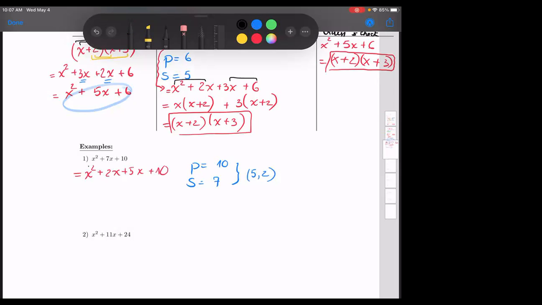Now we group. I can factor out x from the first two, and I have x plus 2. Factor out the 5, I have x plus 2. Now you factor again: x plus 2, x plus 2, and then x plus 5.